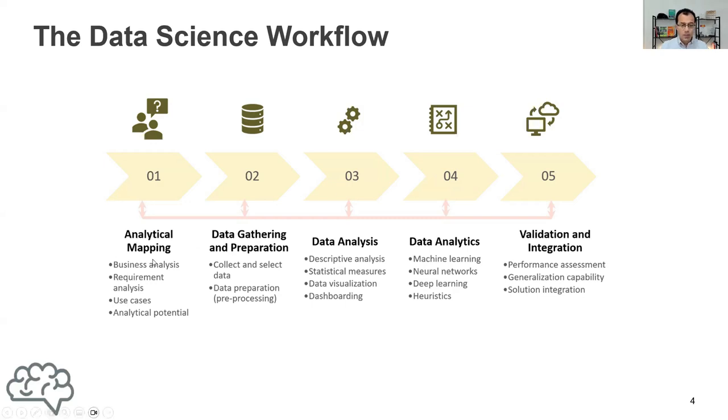The first step is basically the understanding of the problem that we have and what types of analytical solutions we can develop to the problems that we want to solve. And it also involves designing the use cases and defining what are the requirements that we need to develop these solutions. The second stage is basically data collection and data preparation.